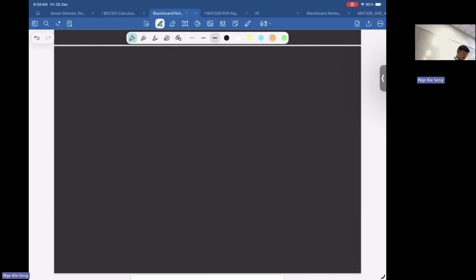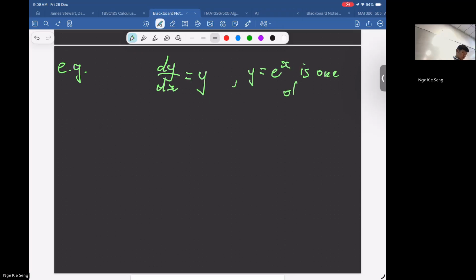So let's say dy over dx equals y. We know that one of the solutions is e to the x, right? Okay, so in this way, how do we see the solution?